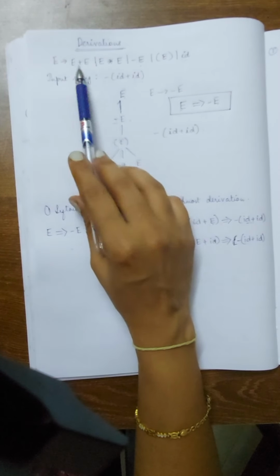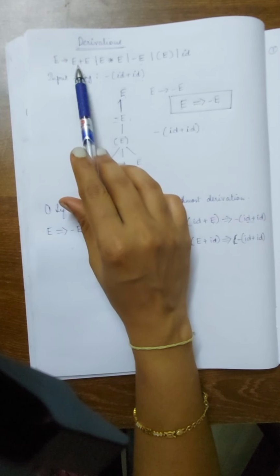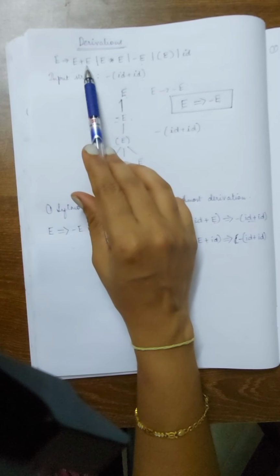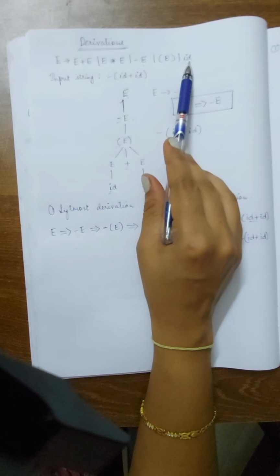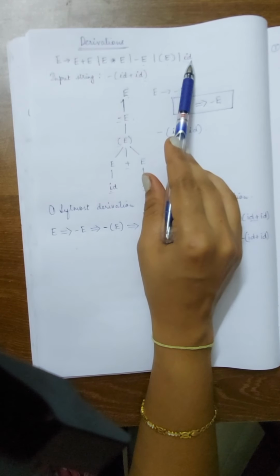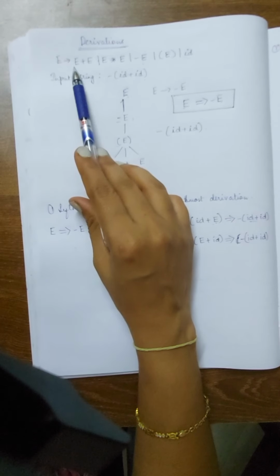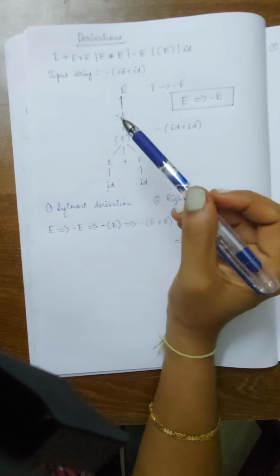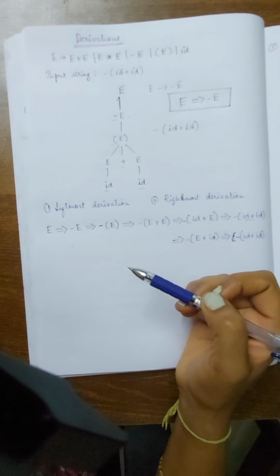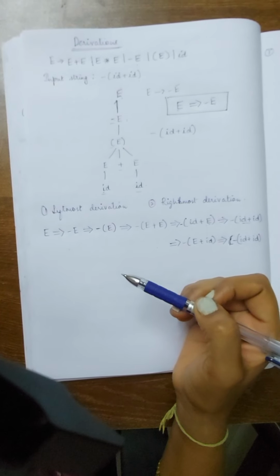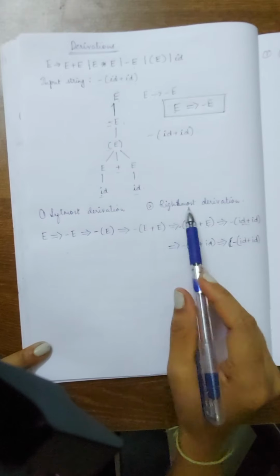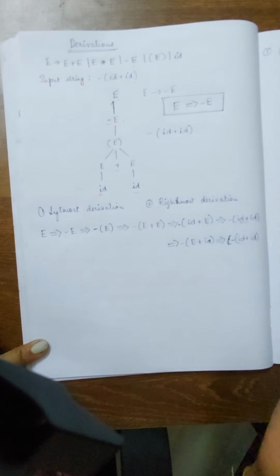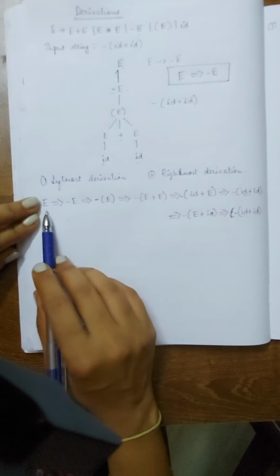So over here we first used this production, followed by this, then this production, and finally this terminal is replaced. So we should also check which non-terminal has to be replaced first. Based on these two points, derivation is divided into two types, that is leftmost derivation and rightmost derivation.